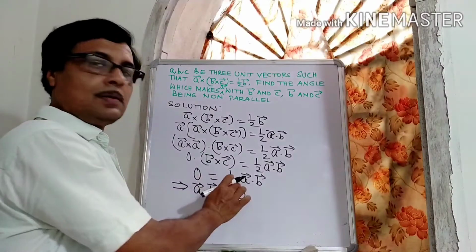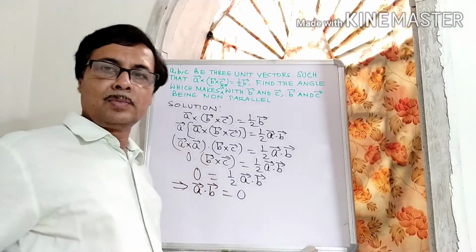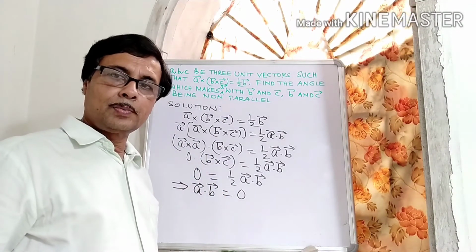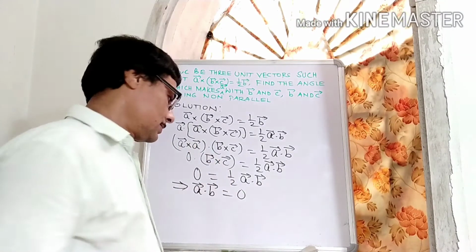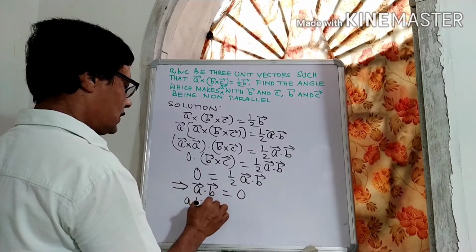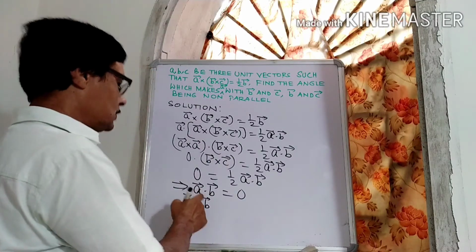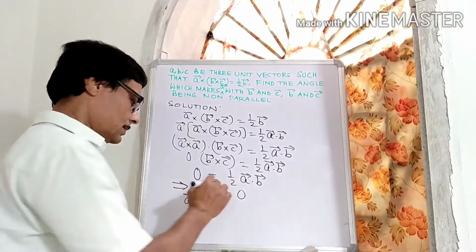If A dot B equals 0, then A and B are mutually perpendicular, that is, the angle between them is 90 degrees.